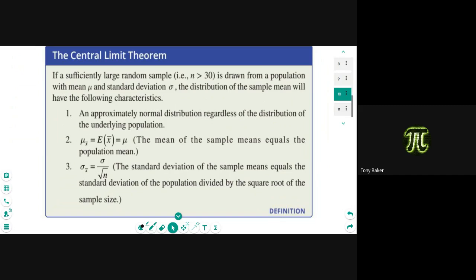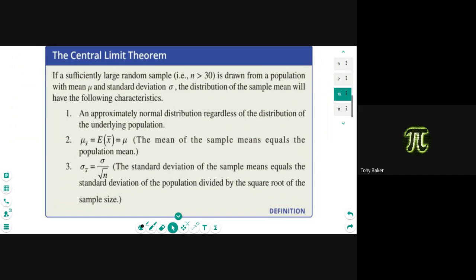If it's a sufficiently large random sample, i.e. the number is greater than 30, which most of us in here probably would not think of as a large sample, but as long as it's over 30, we can consider it a large sample, as long as it's random. 30 is great for the sample size, but it has to be random.